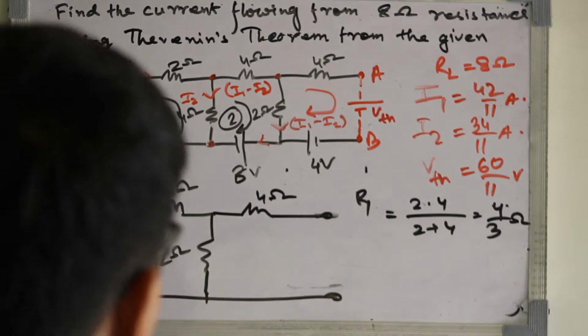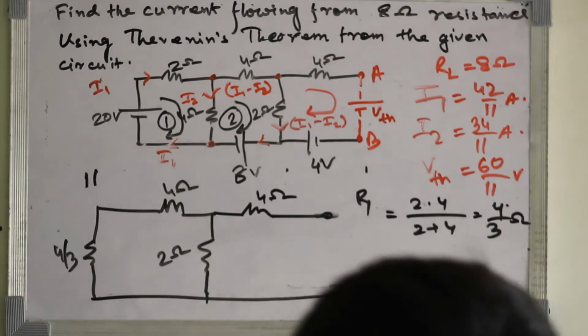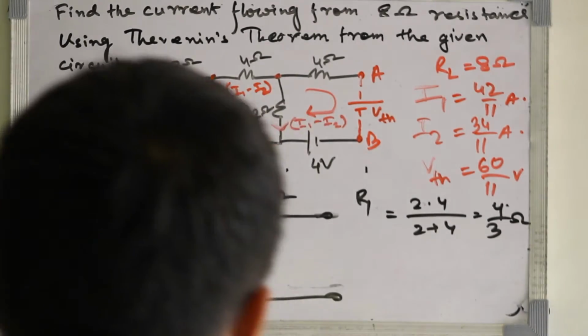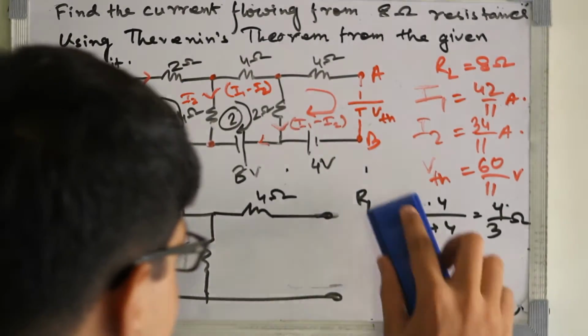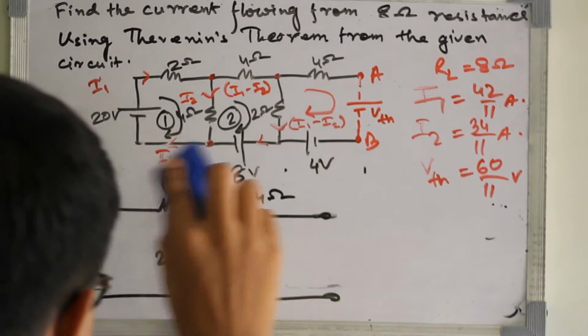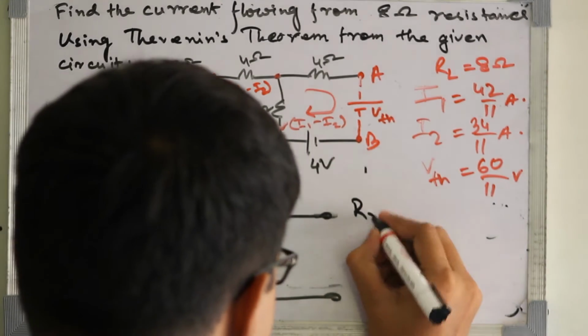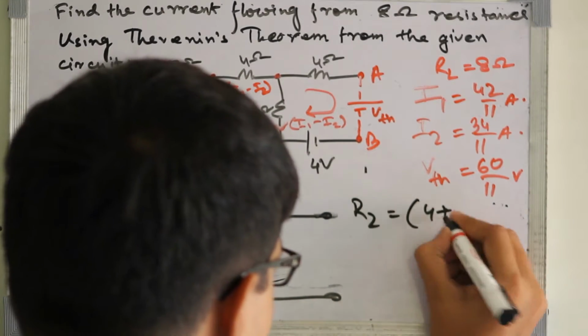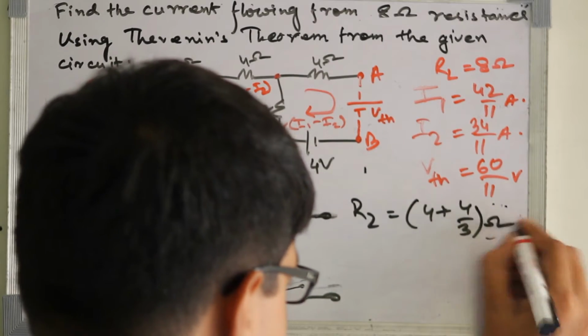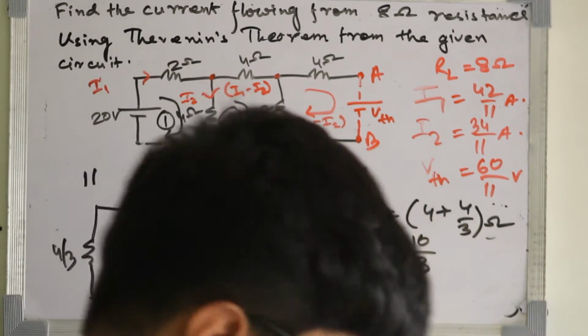Now here 4 ohm and 4 upon 3 ohm both are in series and 2 ohm is in parallel. So the equivalent resistance of this is R2. R2 equals 4 plus 4 upon 3 ohm, which equals 16 upon 3 ohm.